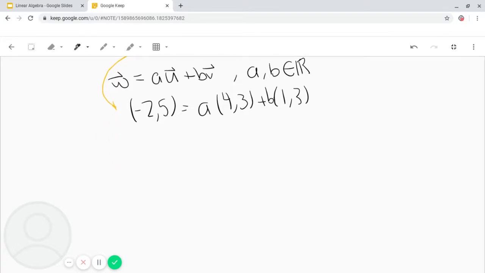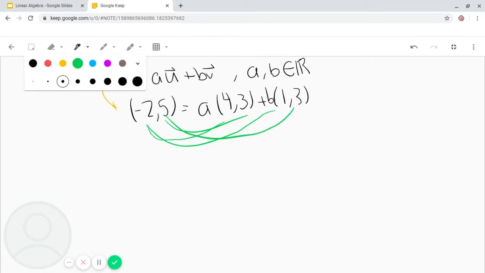And then we can create a system of equations. So, for example, we know that something will have to add up to -2 using those first terms in the vectors, and something will have to add up to 5. So we'll go with the -2 first.